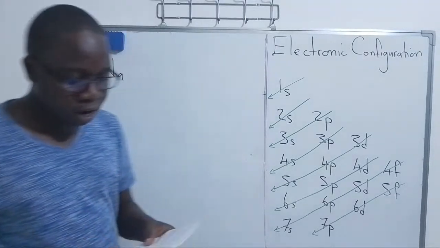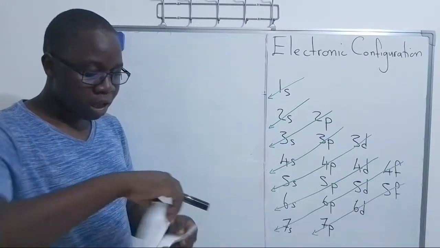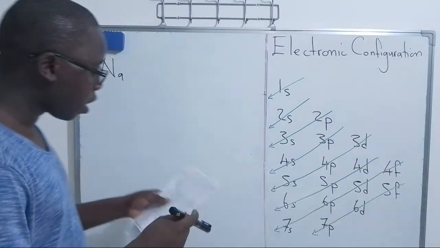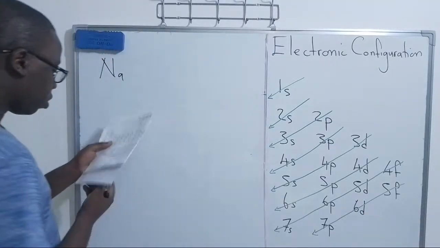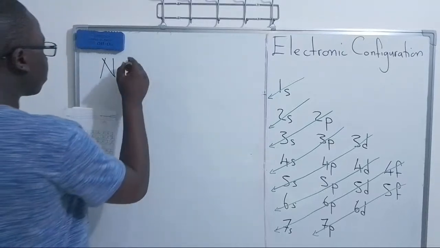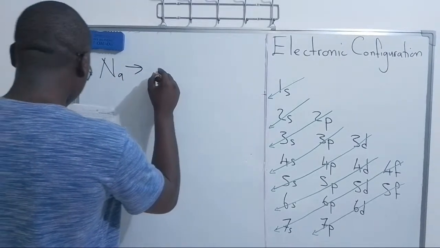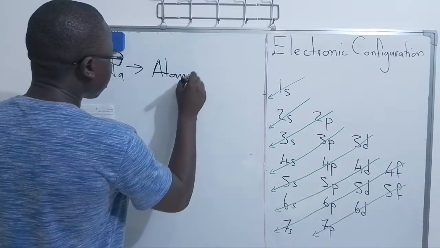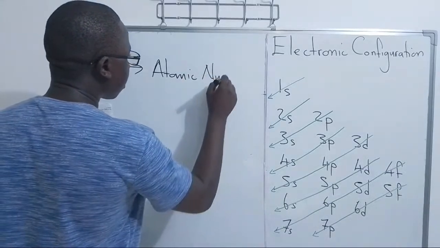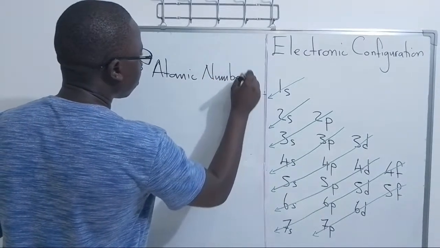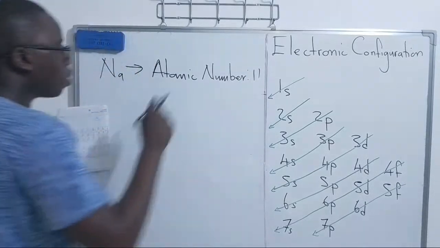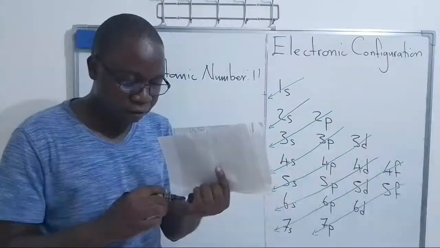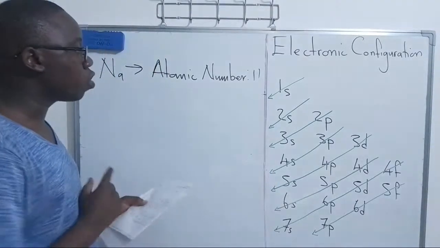Sodium is an element on the periodic table, and I have my periodic table here, and it tells me that sodium has the atomic number of 11, which is basically the number of electrons or the number of protons available when it comes to sodium.